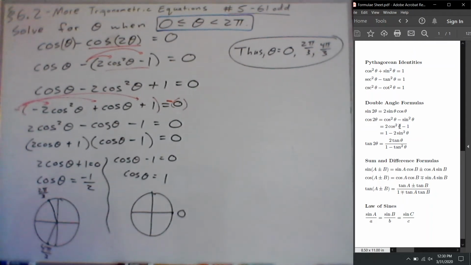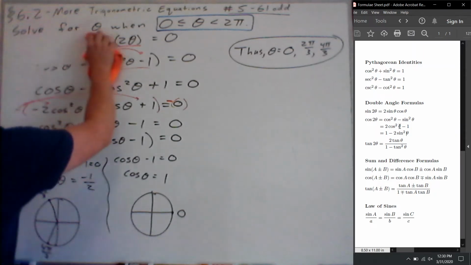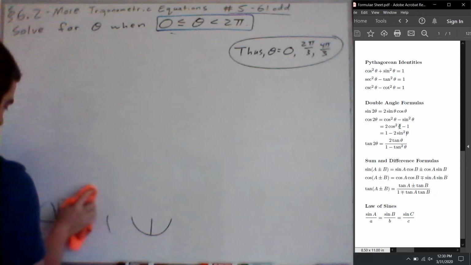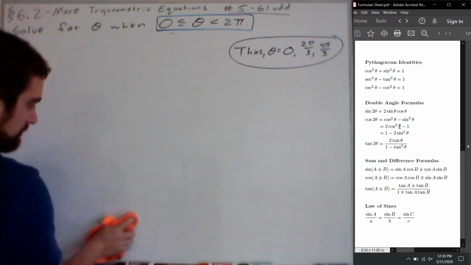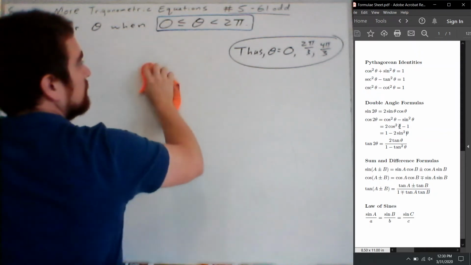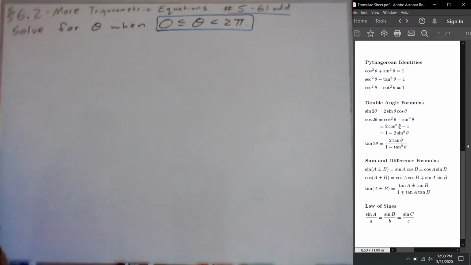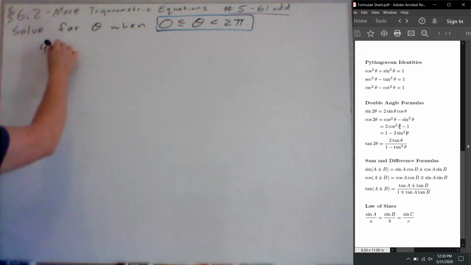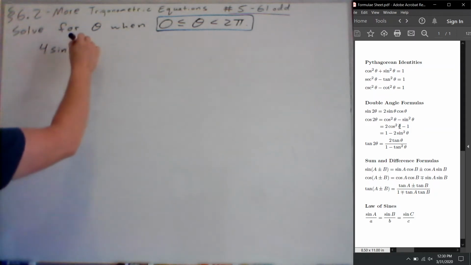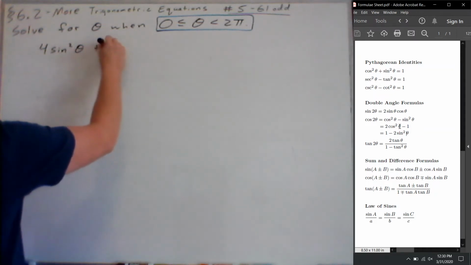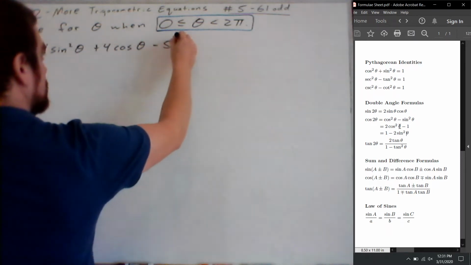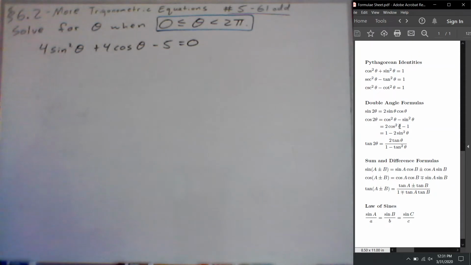Okay, let's do another one. Let's pick on, still staying between 0 and 2 pi, something that looks like 4 sine squared theta plus 4 cosine theta minus 5 equals 0.